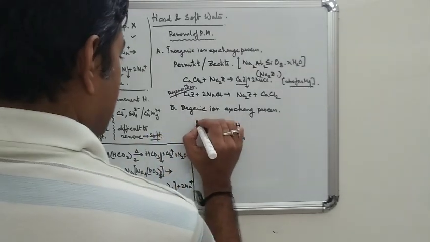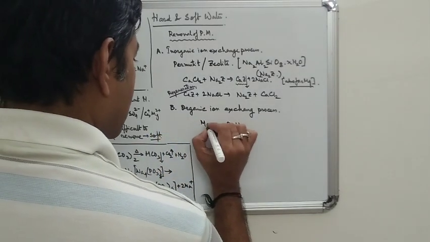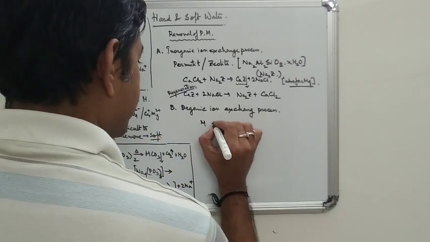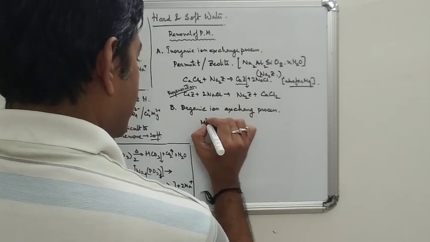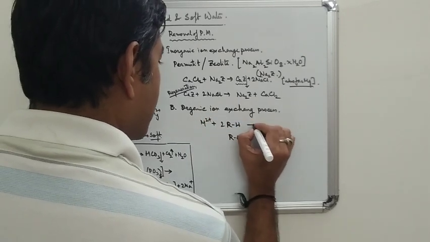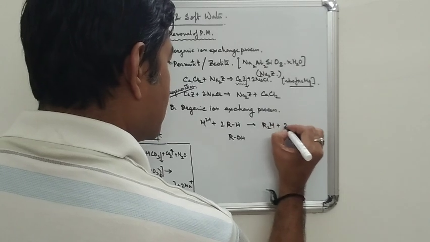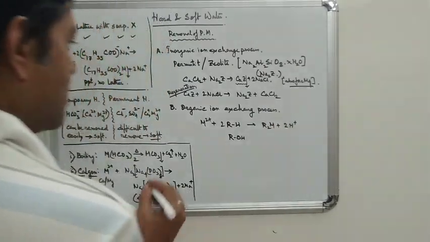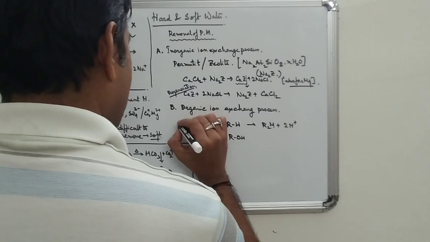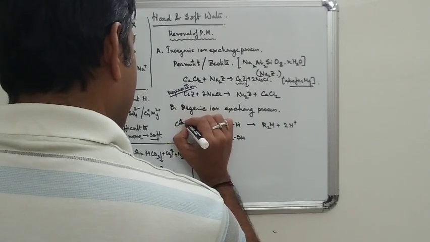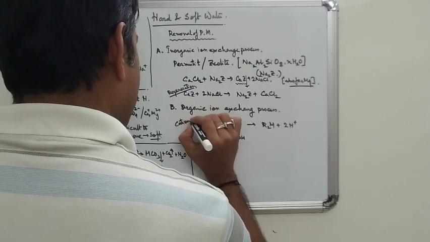The cation exchange resin on reaction with metal ion M2+ will form R2M plus 2H+, that is cation exchange.